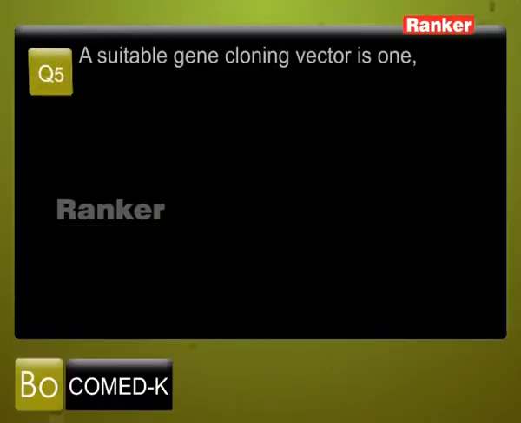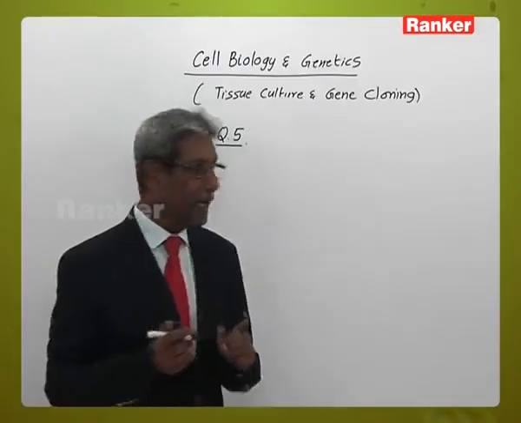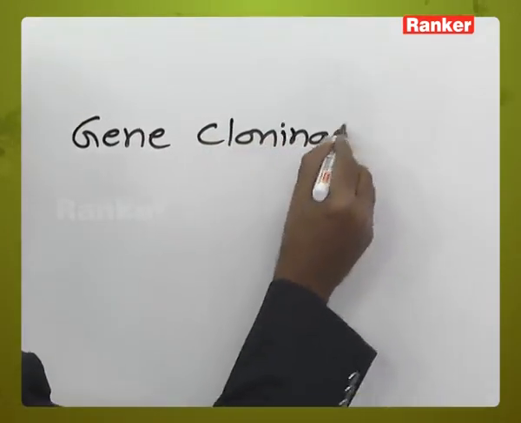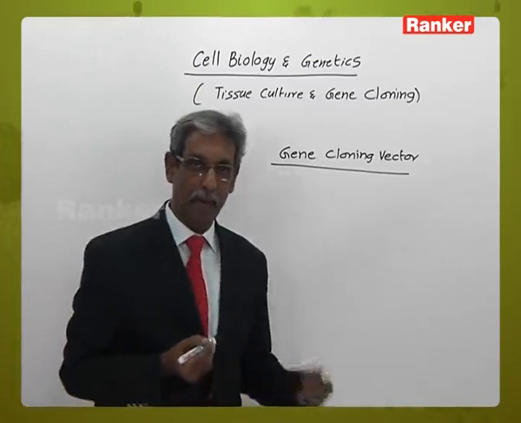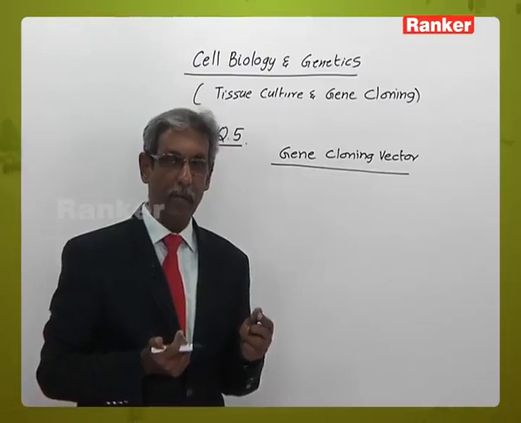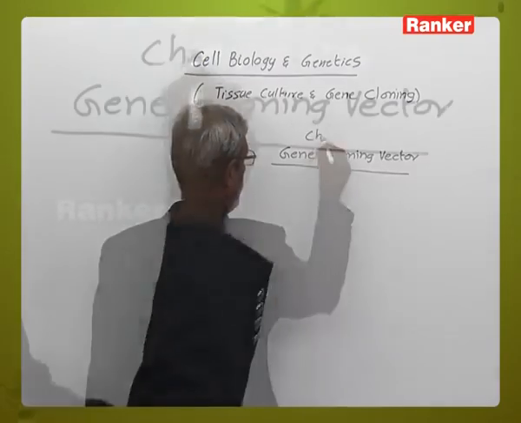Question number 5. A suitable gene cloning vector is one which has A, small size and high copy number, B, is naturally present in E. coli, C, has antibiotic resistant genes and an ORI, and D, only A and C. Now, when you are attempting gene cloning, that is making multiple copies of a particular gene of interest, you require a vector which can transfer the foreign gene into the bacterial cell and again back into the plant cell.